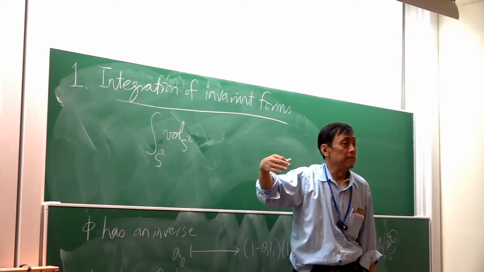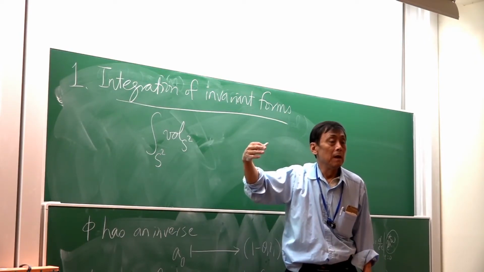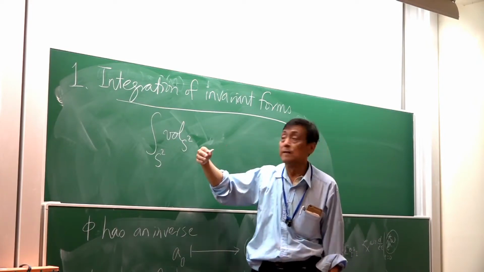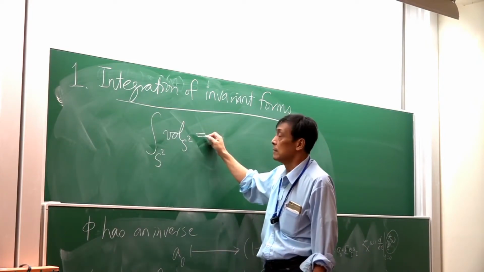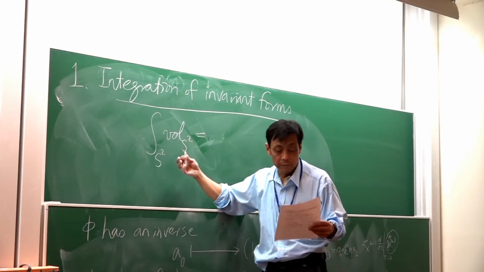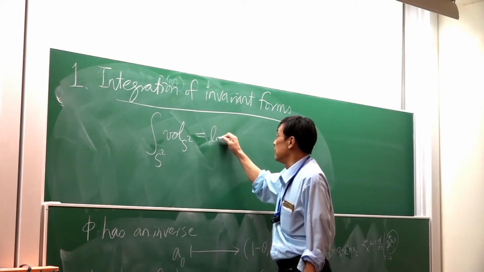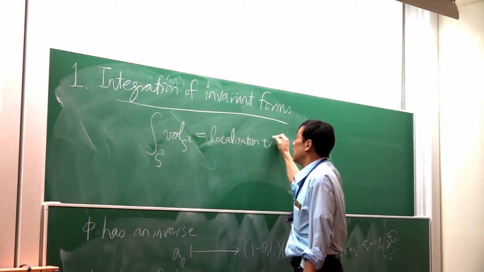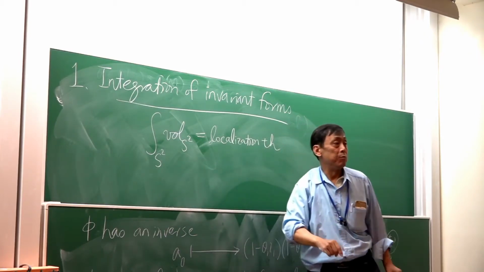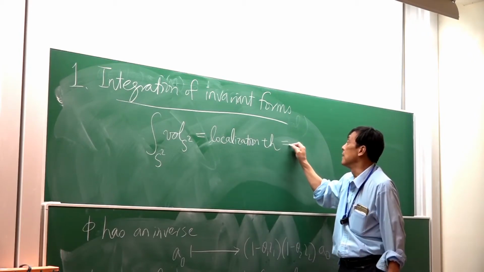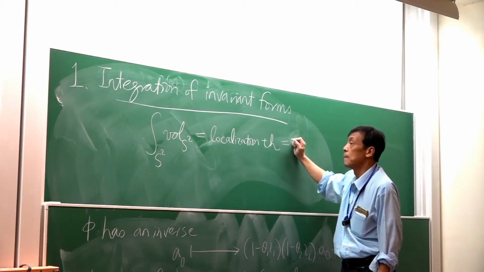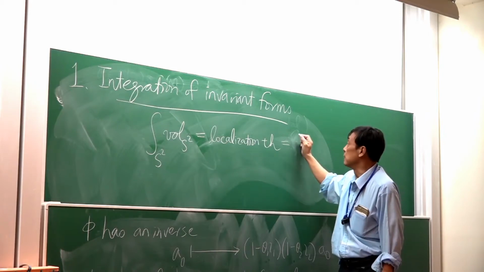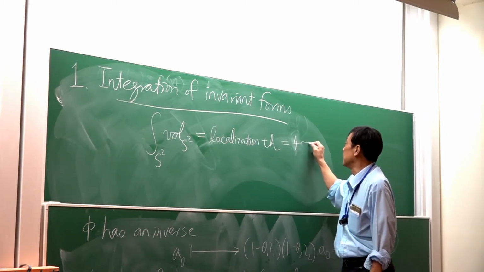And you can find its equivariantly closed extension, and then you can use the localization theorem. So, for example, when we apply it to the volume form, we found that the answer was 4 pi, right?